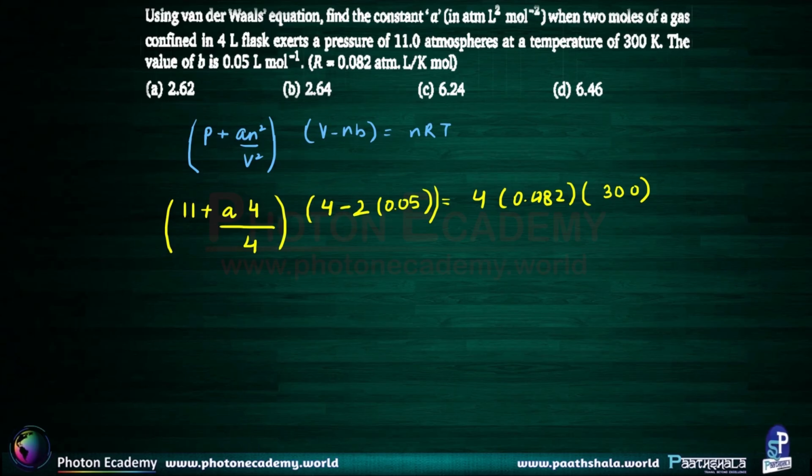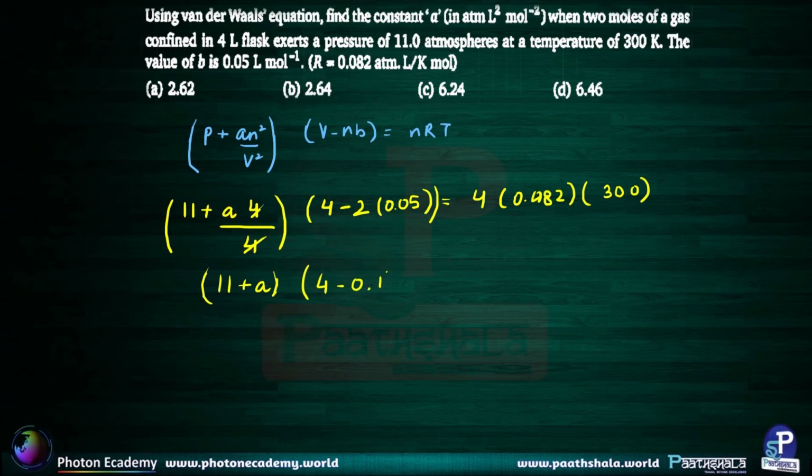So let's just cancel things out. (11 + a) multiplied by (4 − 2 × 0.05, that is 0.1) is equal to 4 times 300, that will be 1200, multiplied by 0.082.